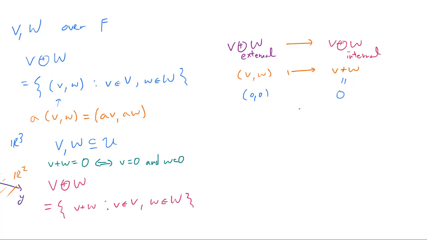Now let me quickly add here that an isomorphism like this is often called, at least informally, natural, in the sense that the isomorphism doesn't involve any basis, any explicit choice of basis.